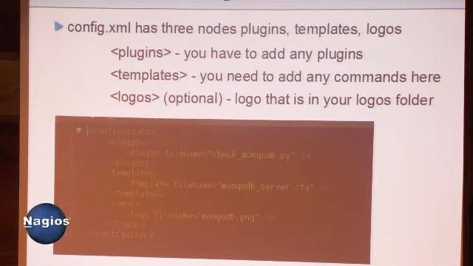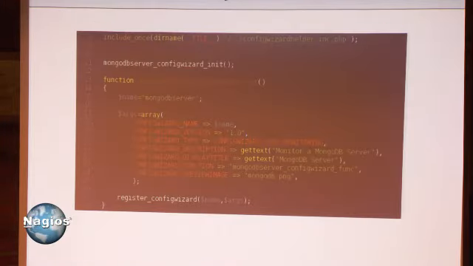So your file name is check_mongodb.py, but it's in plugins/ and then the file name. For templates, it's the same way, templates/file name, logos/file name. That's all this is really for: to make sure that XI knows where these files are and what their file names are.